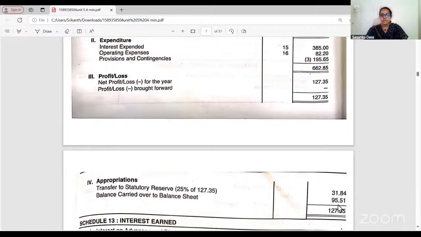And the balance of profit carried forward to the balance sheet is 95.5. How did we get this 95.5? Simple. 127.35 minus 31.84 is equal to your 95.5. That is your profit and loss account calculation when provisions and contingencies are given as well as income tax percentage is given.